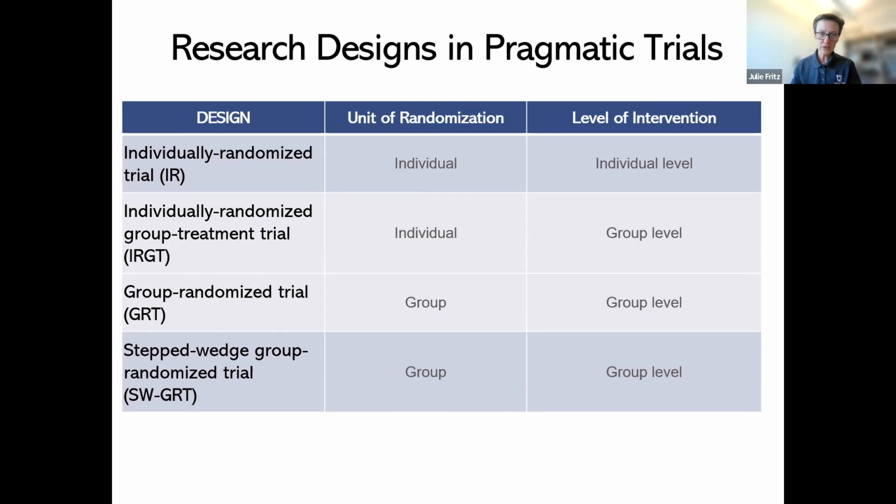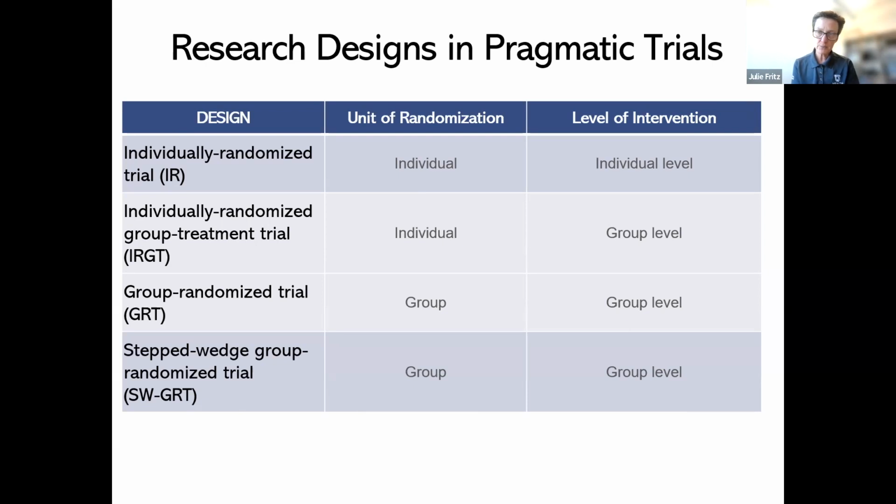Now, in pragmatic studies, sometimes treatments are delivered to groups of people: group exercise classes, support groups, other kinds of group-based therapies. In this case, we may be able to randomize individual people, but the level of the intervention is group. And then there are times where we're not able to actually randomize individual persons. We'll talk a little bit about why that might be the case.